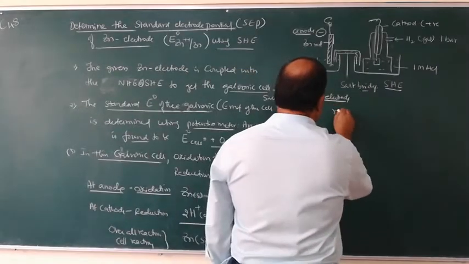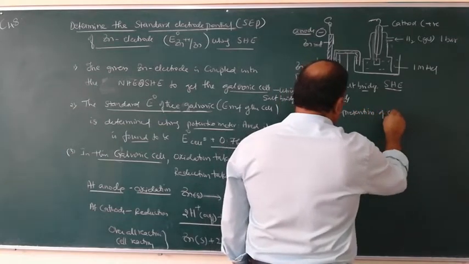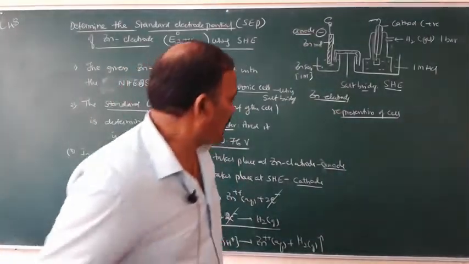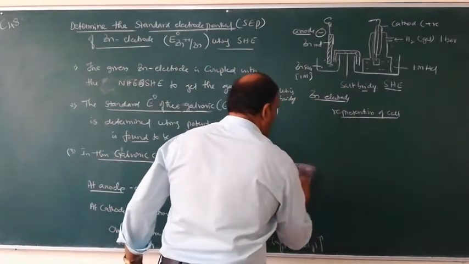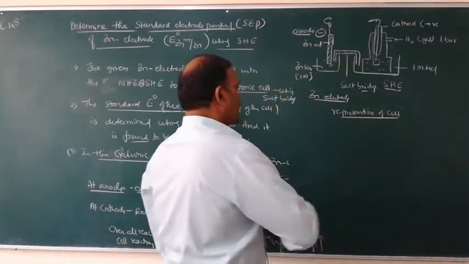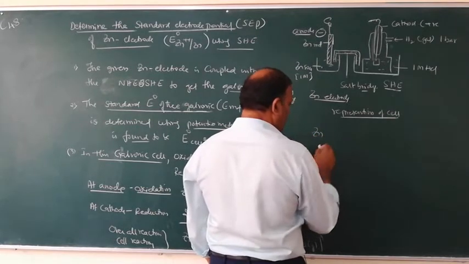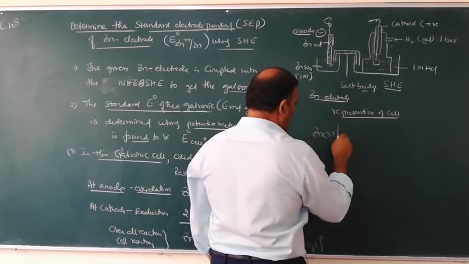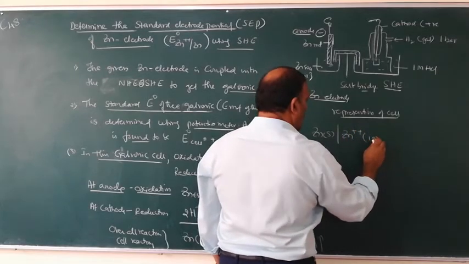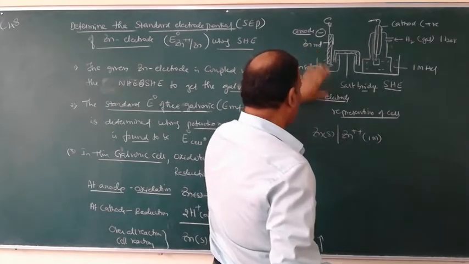Then what is the representation of the cell? How to represent the cell? Anode should be written on the left side and cathode on the right side. So that is Zn(s) | Zn2+ 1 molar concentration. This is the zinc electrode.